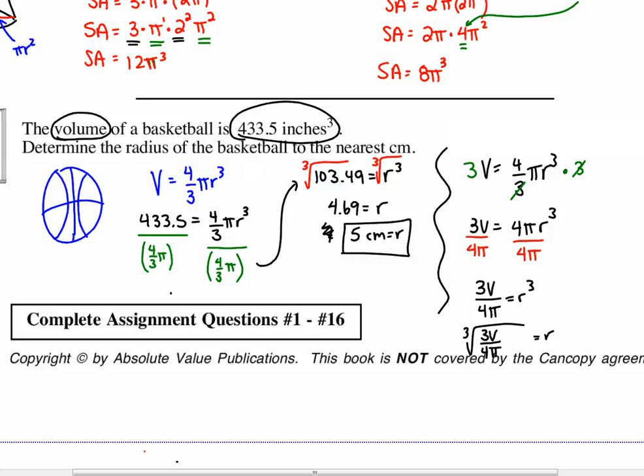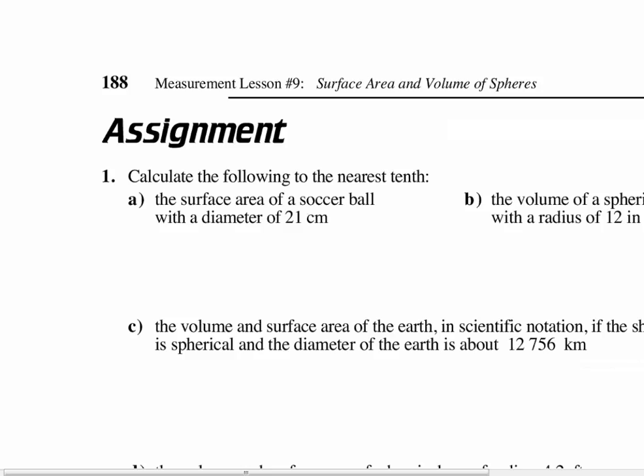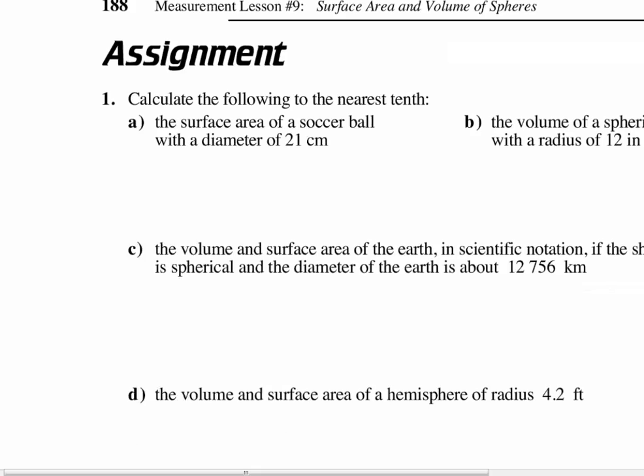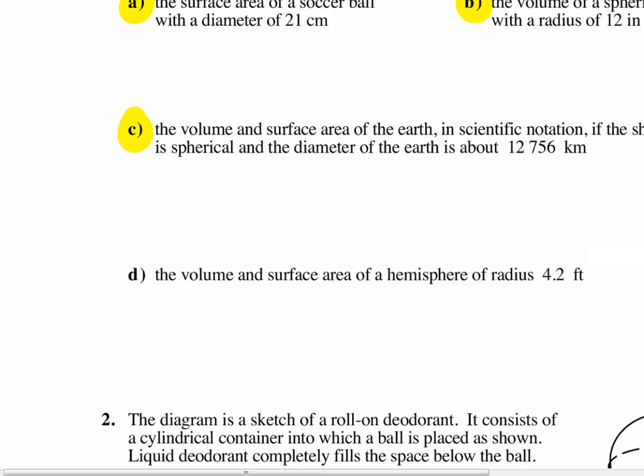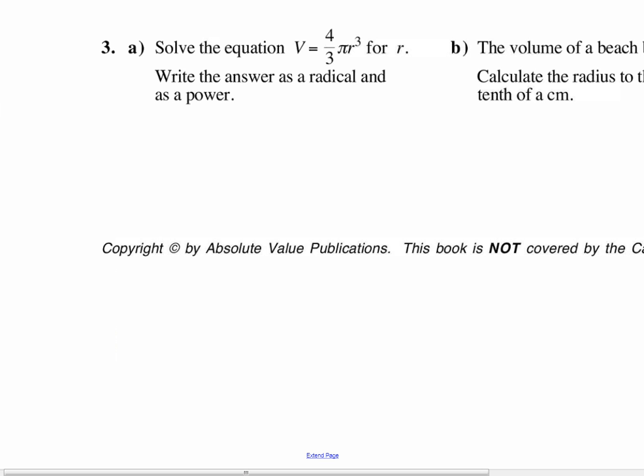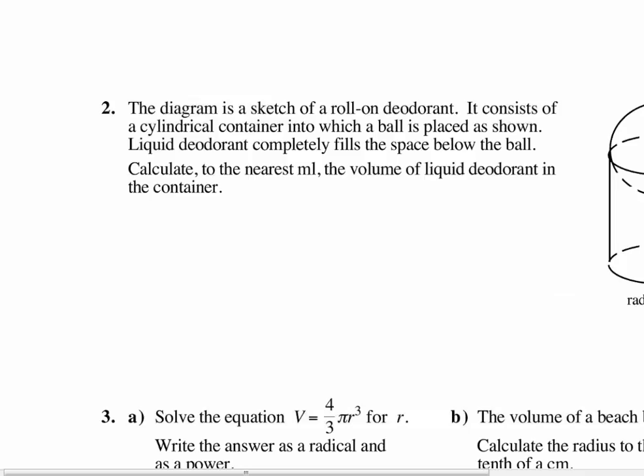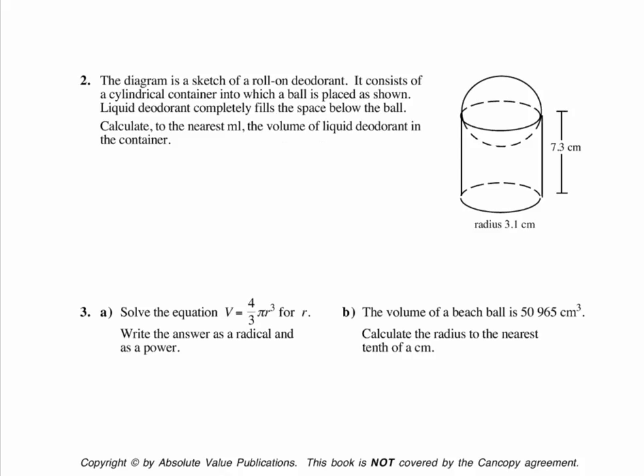Assignment. Circle the following. First one, 1A, B, and D. I'll write it on the board after. Number 2, A, B, and D. And then number 2, all of it. All of 3.